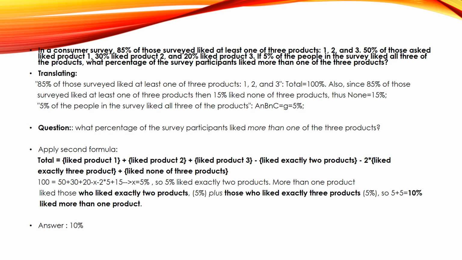So 5% liked exactly 2 products. More than one product liked is those who liked exactly 2 products, 5%, plus those who liked exactly 3 products, 5%. So 5 plus 5 is equal to 10% liked more than one product. So the answer is 10%.